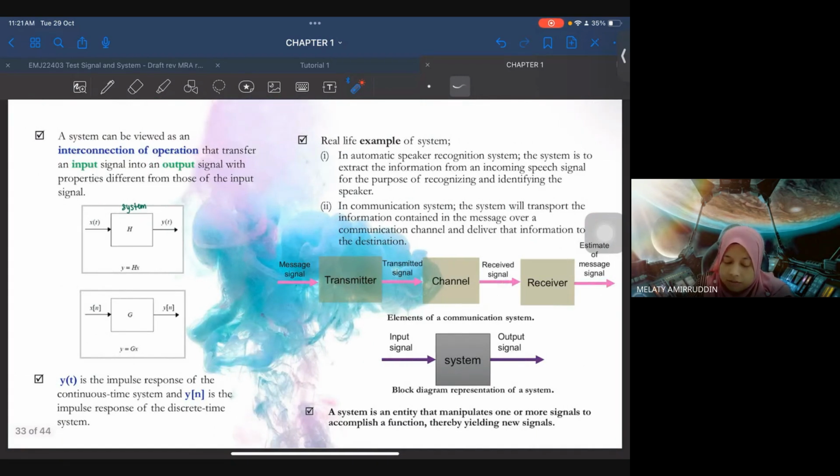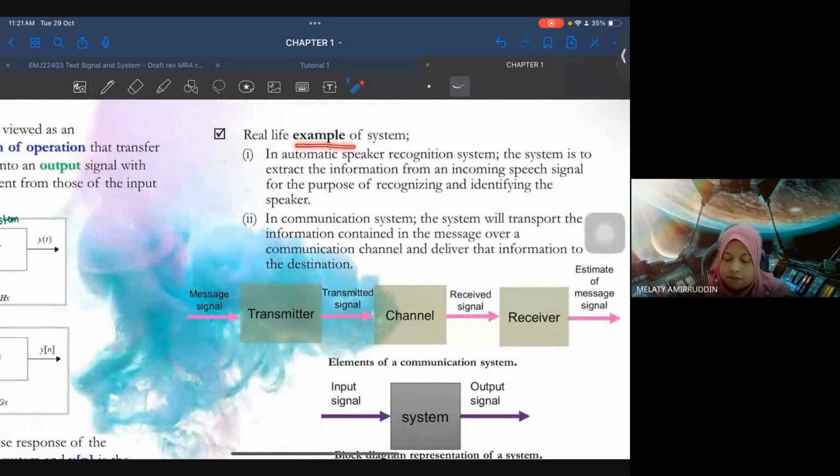Okay. Real life examples of systems. This is an example of a system. Previously, signals. For example, an automatic speaker recognition system.